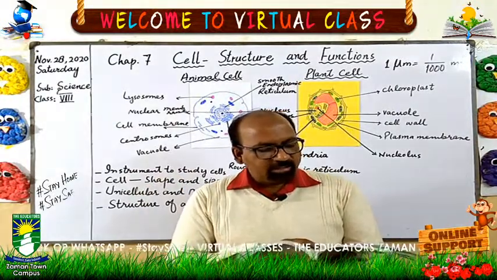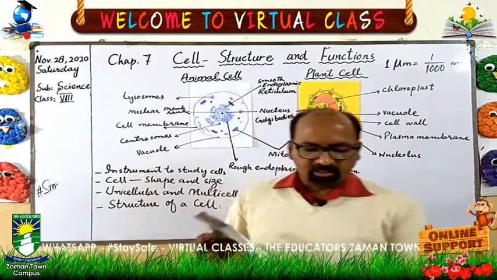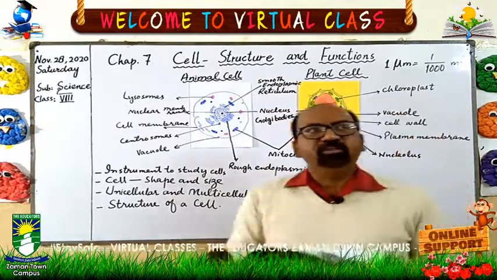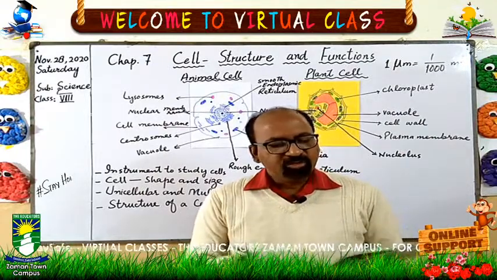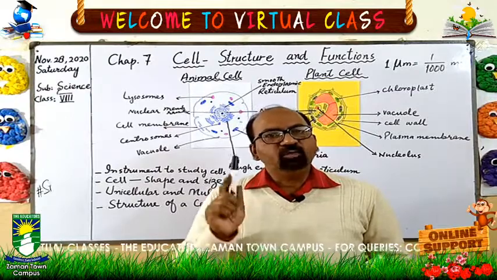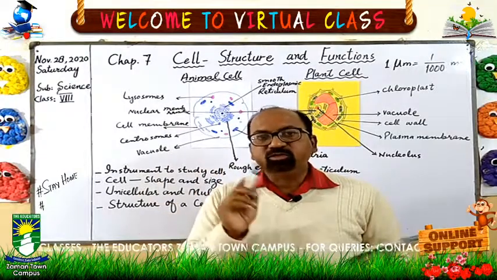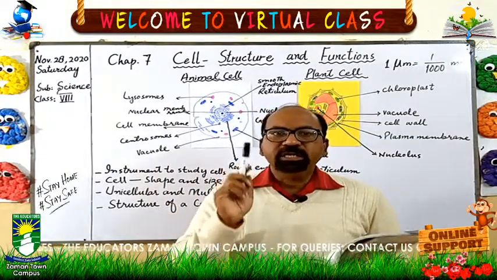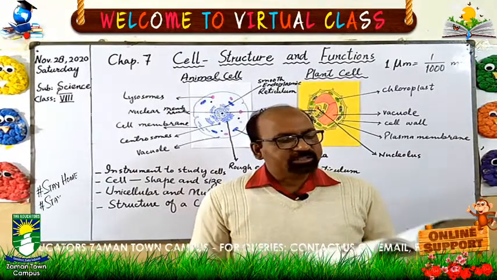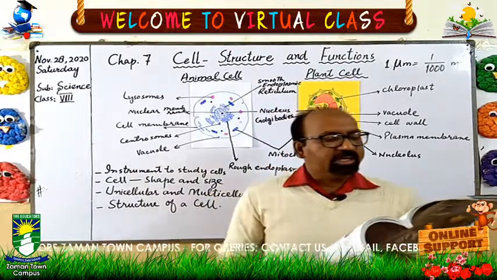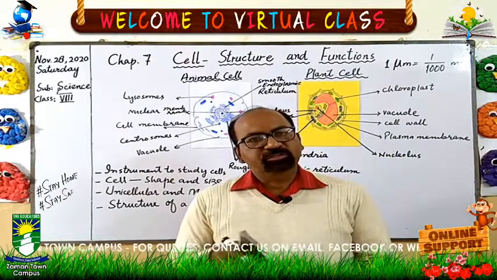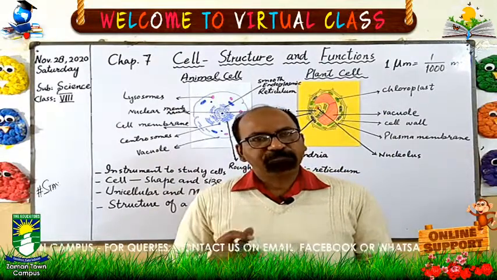So, unicellular and multicellular organisms. As we have discussed, what is meant by unicellular and multicellular? Unicellular organisms are composed of a single cell, means only one cell. Their body consists of only one single cell. They are called unicellular organisms, and their examples are amoeba, paramecium, euglena, and chlamydomonas, and a lot of other microorganisms which are present around us.